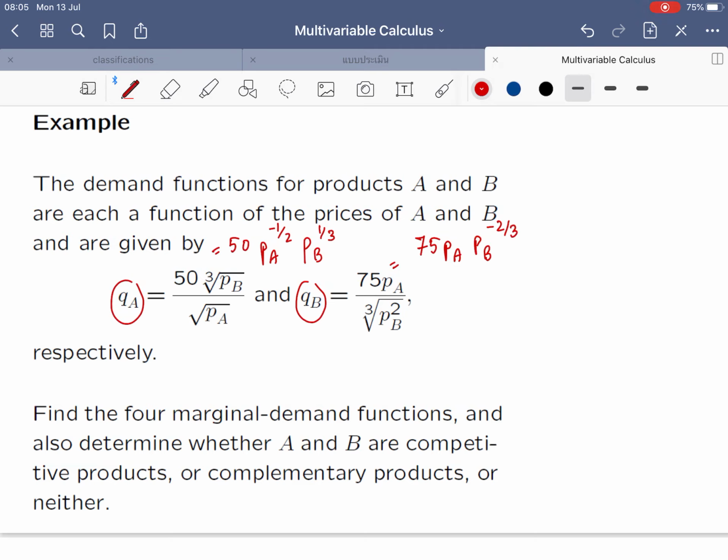You need to find the four marginal demand functions, and determine whether A and B are competitive, complementary, or neither, as I told you. So let's see, what is the marginal demand with respect to the price A, and what is it that you expect at the end?